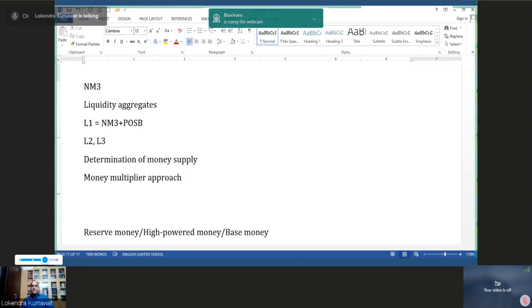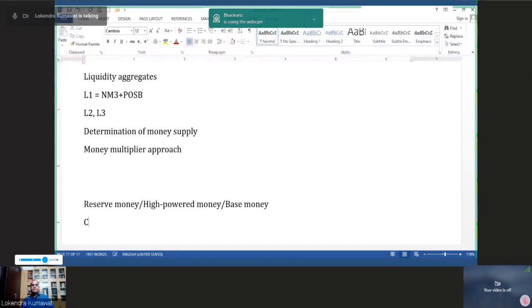This money can be kept in two forms. A, currency with the public. B, bank reserves, the reserves which the banks keep either with themselves or with the Reserve Bank of India.